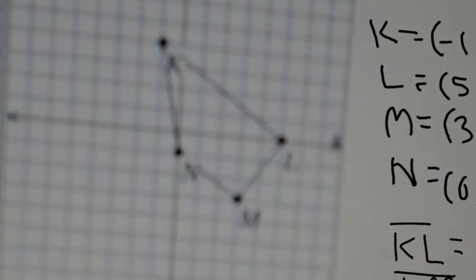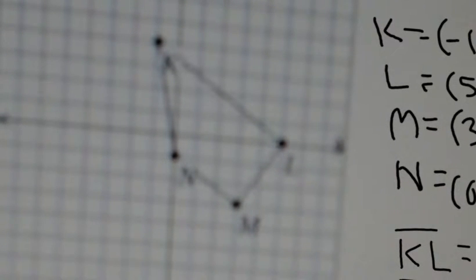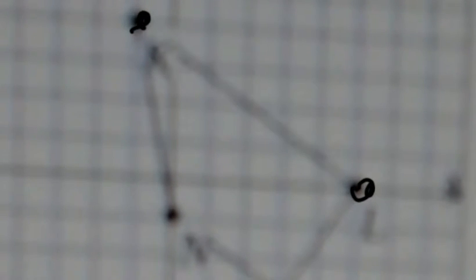Since we're doing KL first, we're going to start from here, which I'm going to call point A, to point B. In this way, we need to count down from K, because K is up here and L is down there. So we need to count down 1, 2, 3, 4.